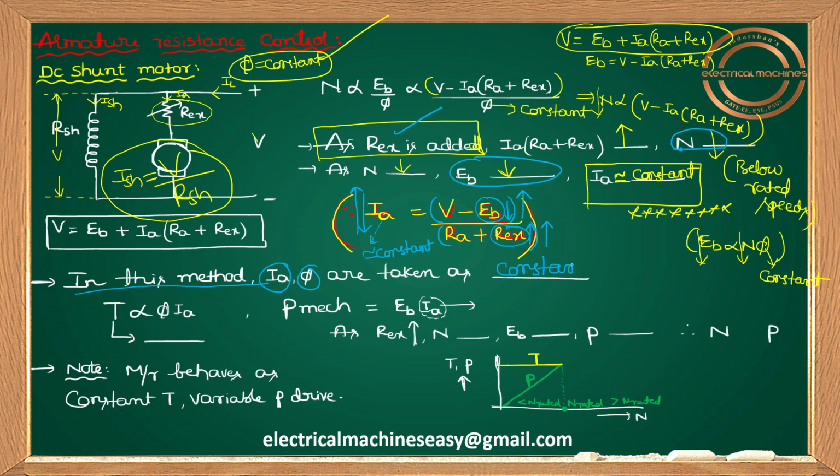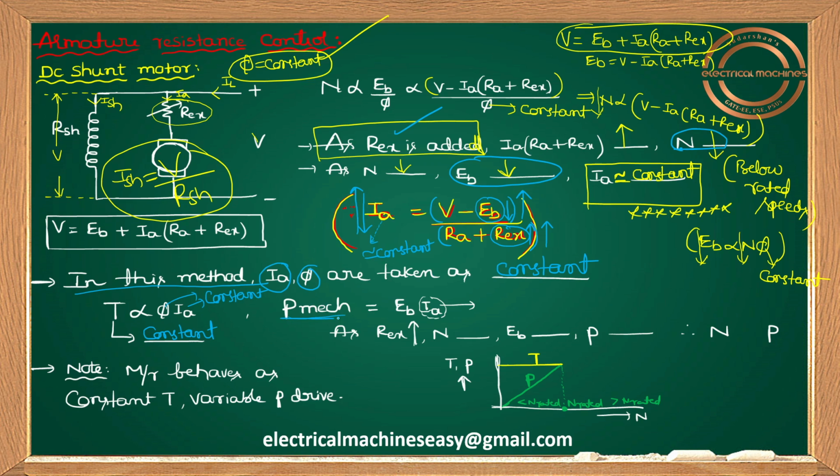Guys, the relation is T proportional to phi into IA. Whenever IA is constant and flux is constant, torque also remains constant. Now what about mechanical power?